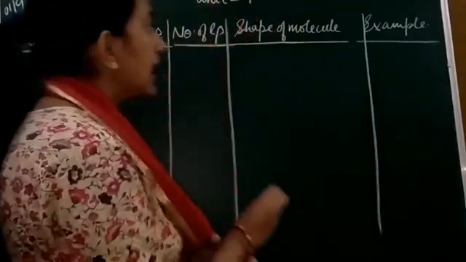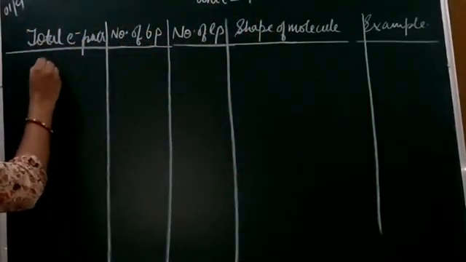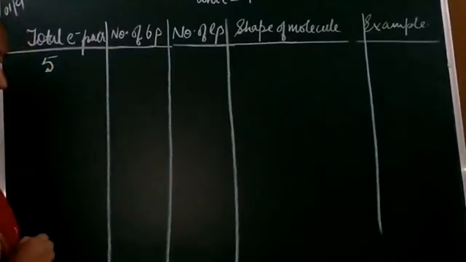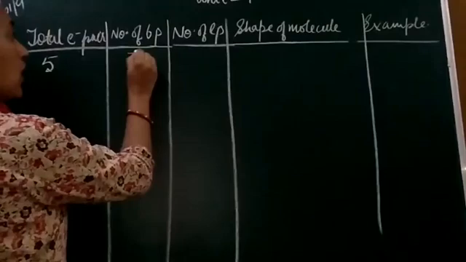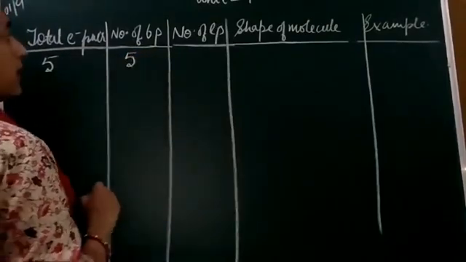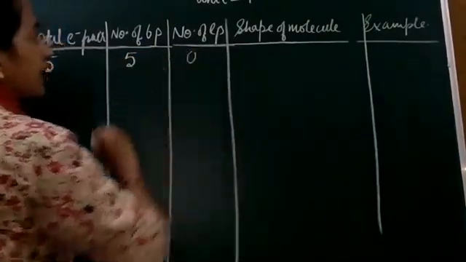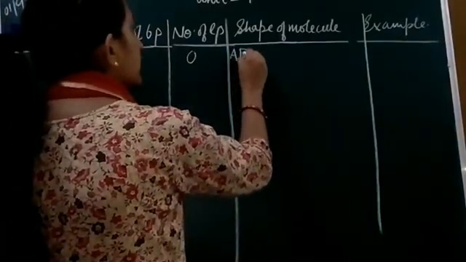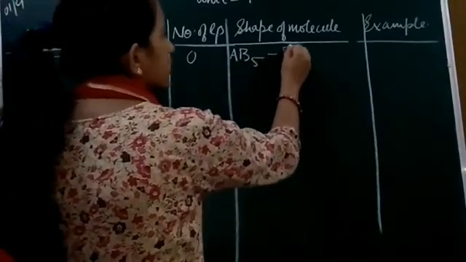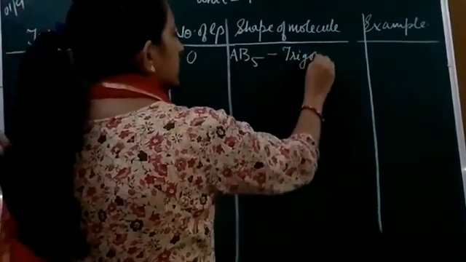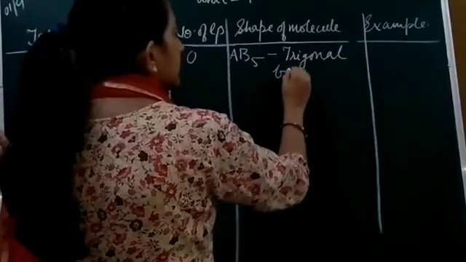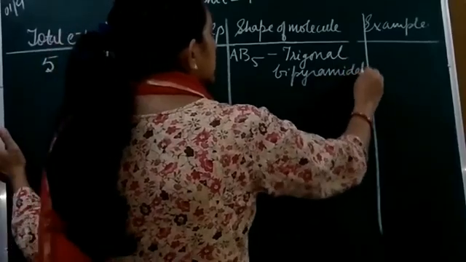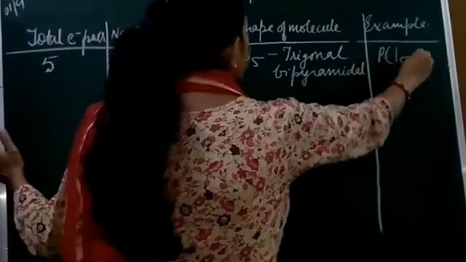So in the last class we went till here: if the total electron pair is 5 and all of them are bond pairs, with no lone pair, then the molecule is of the type AB5 and it will have the shape trigonal bipyramidal. And we have discussed PCl5.